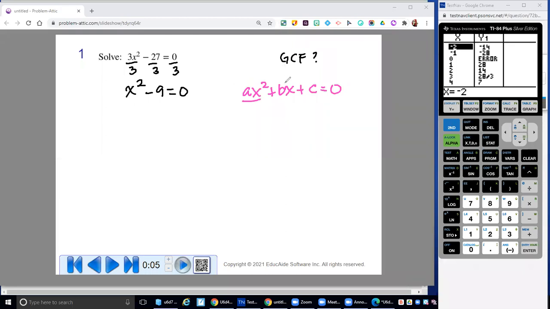But please just know that this is essentially the same as x squared plus 0x minus 9 equals 0. These two are the same, yes? And so when you're identifying, A would be 1, B is 0, and C is -9. Does that kind of make sense? So this is how you're going to treat something when you're missing a term, okay? Just put a 0.